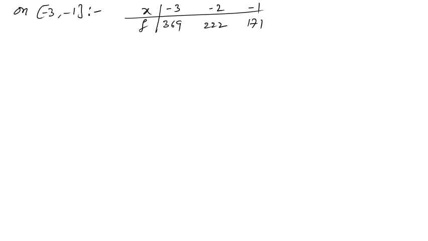You know the notation: this is xi minus 1, this is xi, this is xi plus 1, this is fi minus 1, this is fi, and this is fi plus 1. I will not write the formula again.